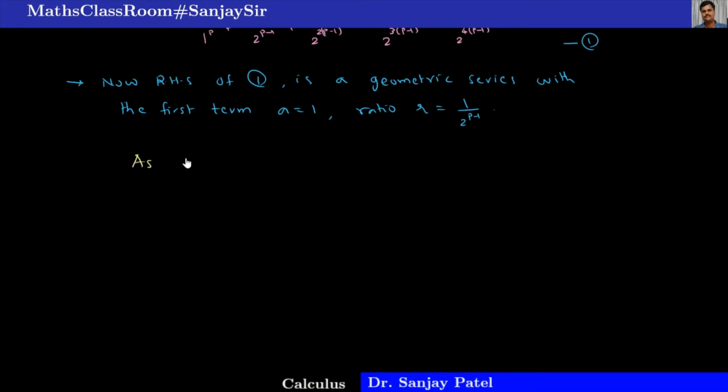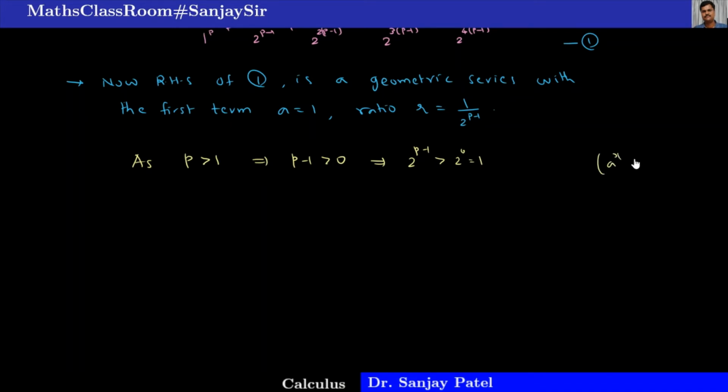As we have p greater than 1, we can see that p minus 1 is greater than 0. And we know that if p minus 1 is greater than 0, then 2 raised to p minus 1 is greater than 2 raised to 0, that is 1, because a raised to x is an increasing function when a is greater than 1.